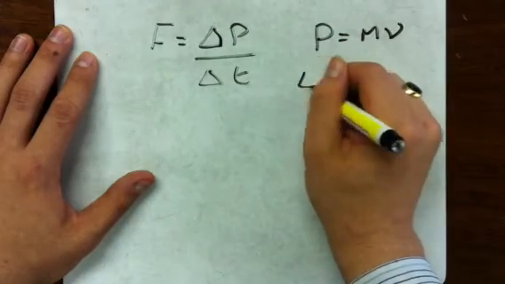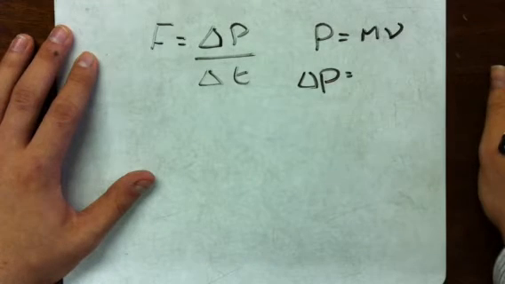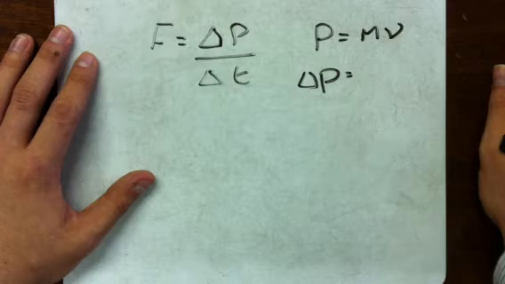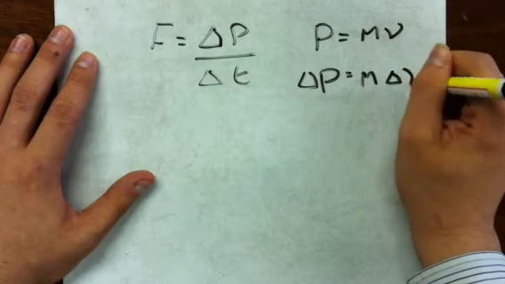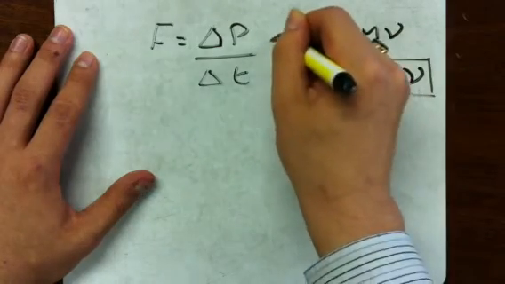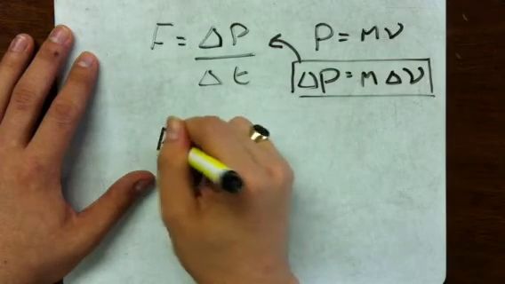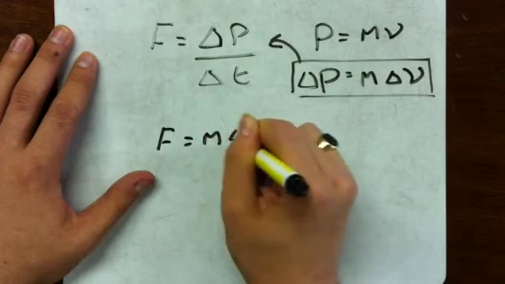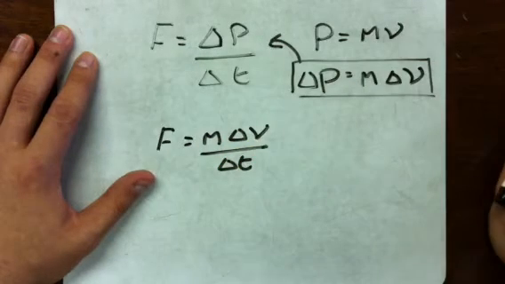If we wanted change in momentum, well, as we know, mass in a collision or in most situations is a conserved quantity, so it's a constant. So the only thing that's changing in this case is the velocity. If we substitute that back into the original formula, we get F equals m delta V over delta T.